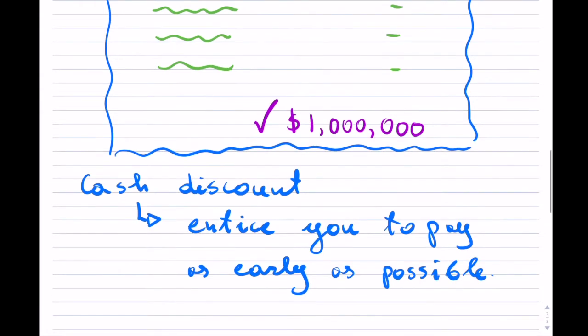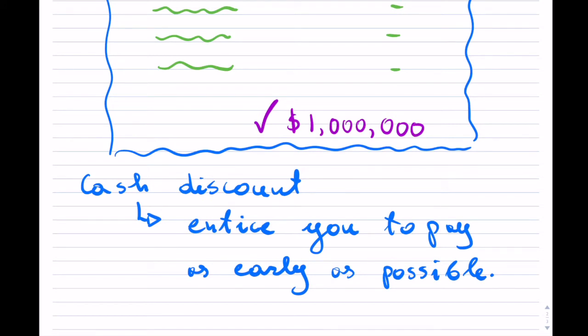Now, this has nothing to do with the invoice amount. It just means the company wants to grab their money and get it as soon as they possibly can. And in order to do that, they'll entice you with some kind of a discount. But the way they write it is in a special way, and they will put this on the actual invoice.